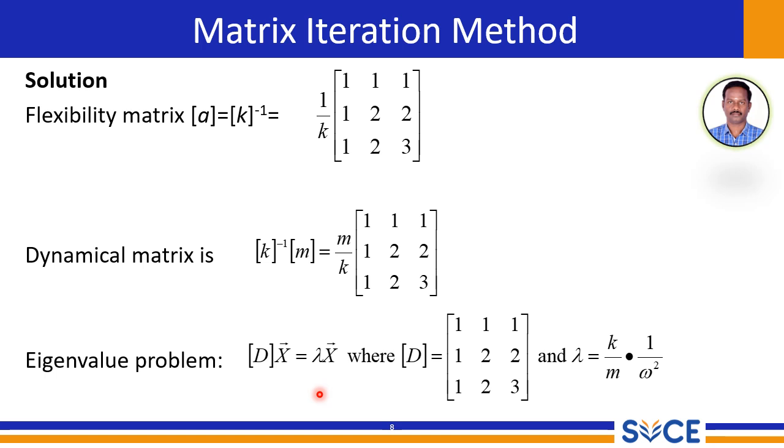Lambda is related to the natural frequency, that is lambda equal to k by m into 1 by omega square. So by finding the eigenvalues lambda, we can then calculate the natural frequencies of the system.